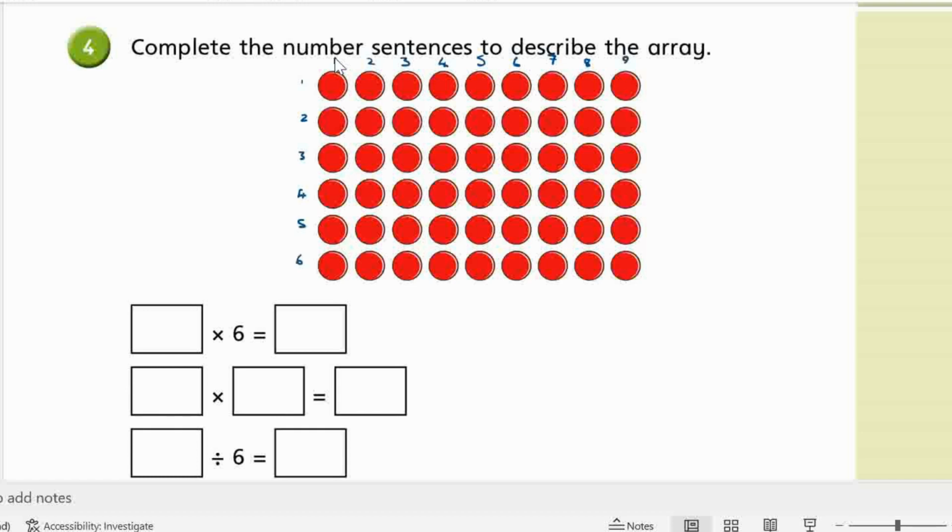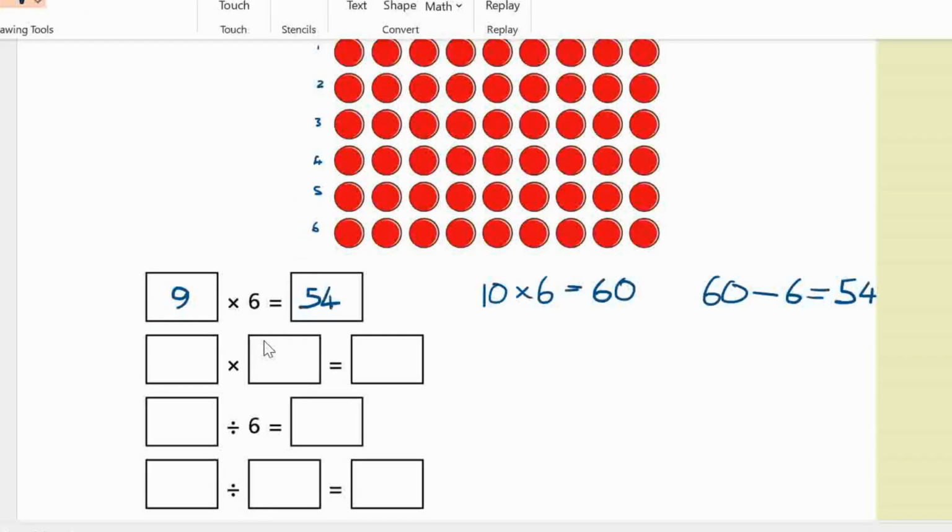So one of these is 6. Okay, so it's 9 times 6. Yeah, because it goes 9 times across. What is 9 times 6? 54. Good. If you're not sure, do 10 times 6, which equals 60, and then do 60, take 6, which gives you your 54. You just fill in what's on the top here. So you can swap it around to make it more interesting if you want, like that.